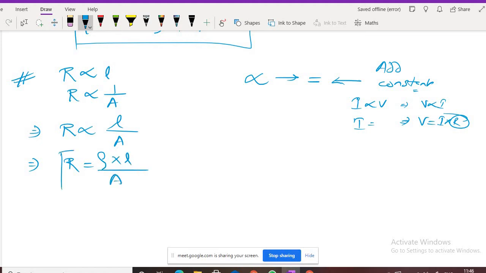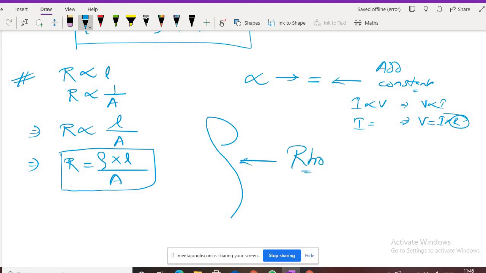What is this, sir? Let me write it again. This is rho. It is written like this, and it is called rho. This is the Greek letter whose name is rho, but in physics it has a different meaning.